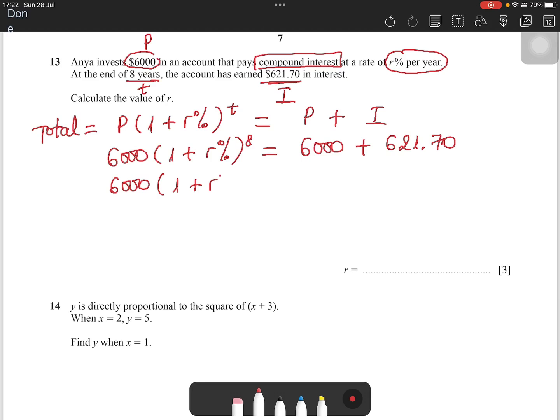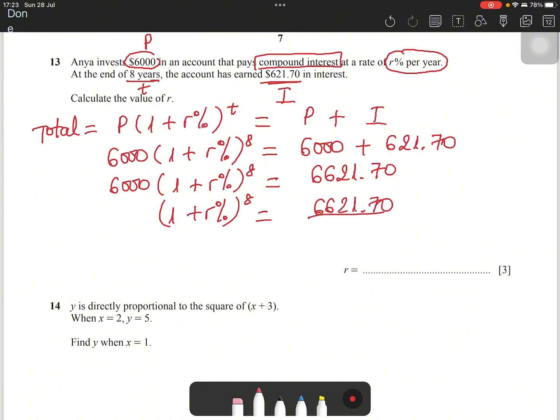First, I'll write down the left-hand side again. The right-hand side is $6,621.70. Then we'll remove 6,000 by dividing both sides by 6,000. And then I'll also remove the power of 8 by taking the 8th root for both sides.